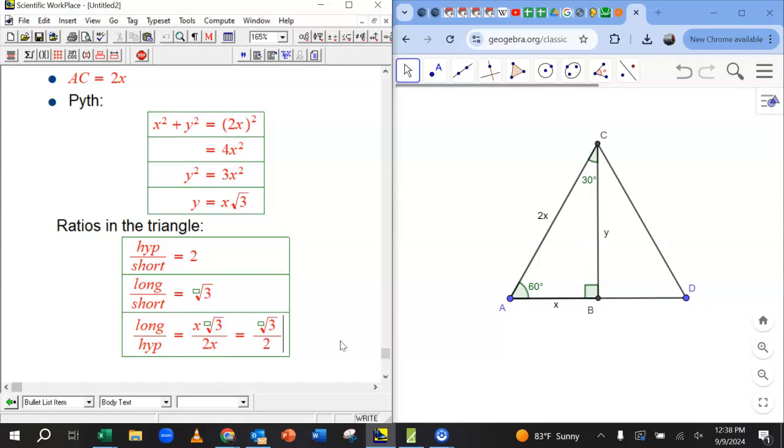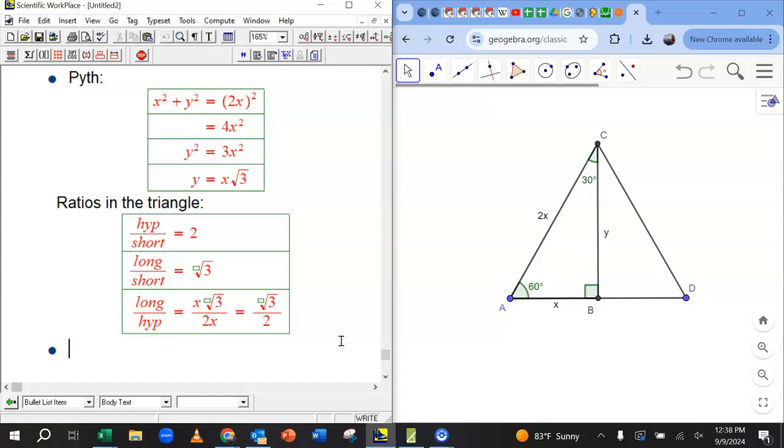So let's give an example, just with explicit numbers. Suppose we know, let's make it a little bit tricky, we know that the long leg of a 30, 60, 90 triangle has length 30 centimeters.